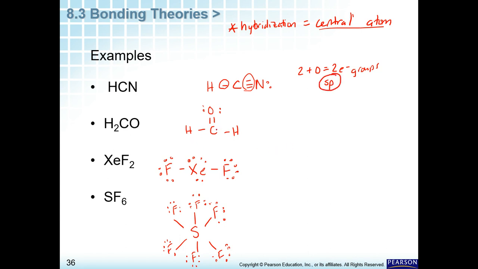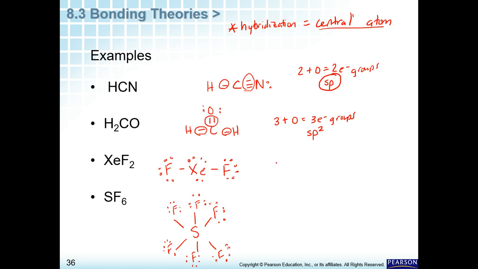If I look at the next one, let's look at my bonding groups. I have 1, 2, 3 bonding groups on the central atom, plus no lone pairs, which gives me a total of 3 electron groups. Note my hybridization must add up to these 3 electron groups. So I have an s, and then I have a p, and I can have up to 3 p orbitals, but I only need 2 in order to add up to 3.